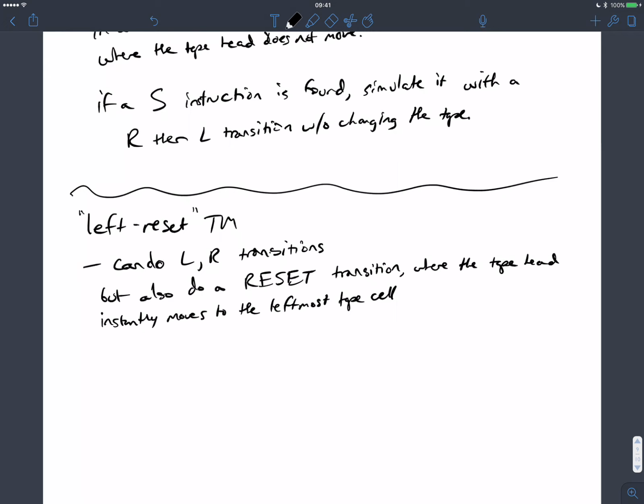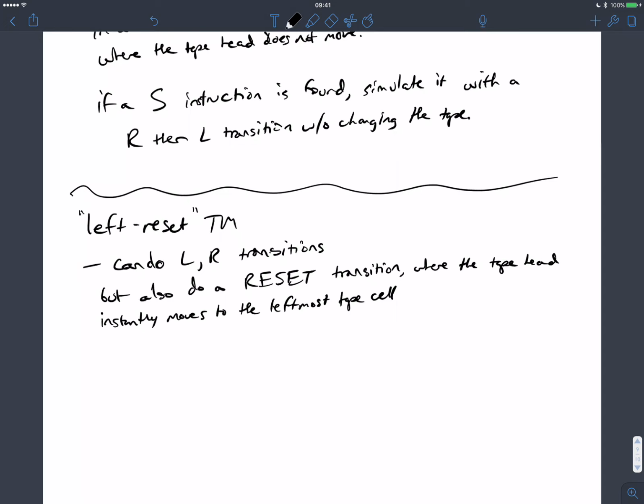So it can do at least what the normal model would have done, but it also has this special instruction where it instantaneously jumps to the leftmost cell in one transition. Okay? Well, clearly it can simulate a normal Turing machine, but could a normal Turing machine simulate this guy?